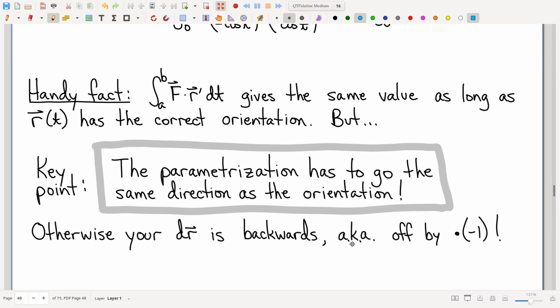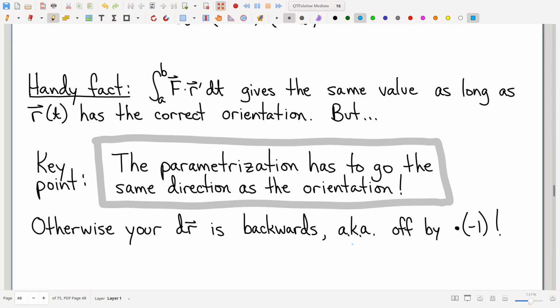Does the parameterization matter? Oh my gosh, it shouldn't matter. The parameterization is some arbitrary thing that we make up to get our hands on it. It's not intrinsic to the problem. I hope the parameterization doesn't matter. Good news, it doesn't matter. Except for one thing. You do have to parameterize in the correct direction.